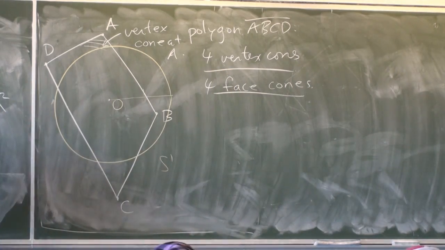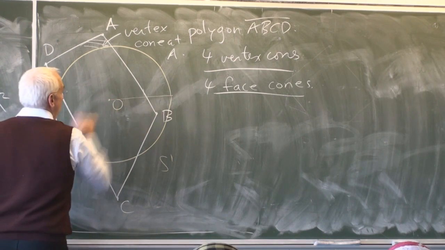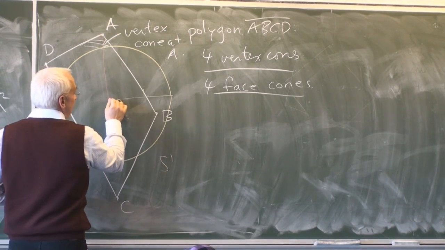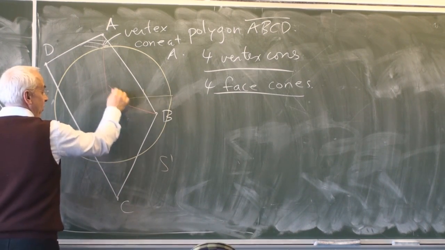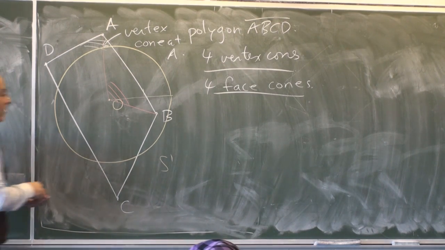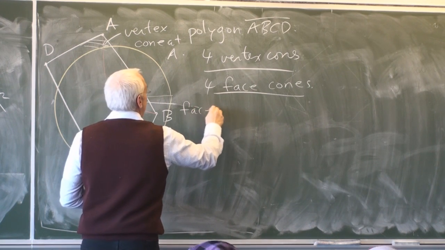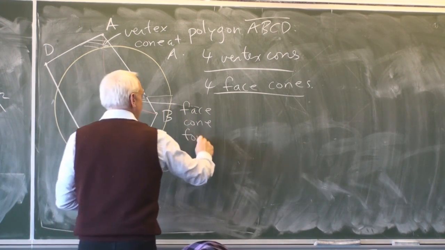What's a face cone? It's what you get when you look at a face from the origin. So there's the origin. It depends on the notion of origin. We can look at, say, the face AB from the origin, and that's also going to be a cone. So that's a face cone for the edge AB.